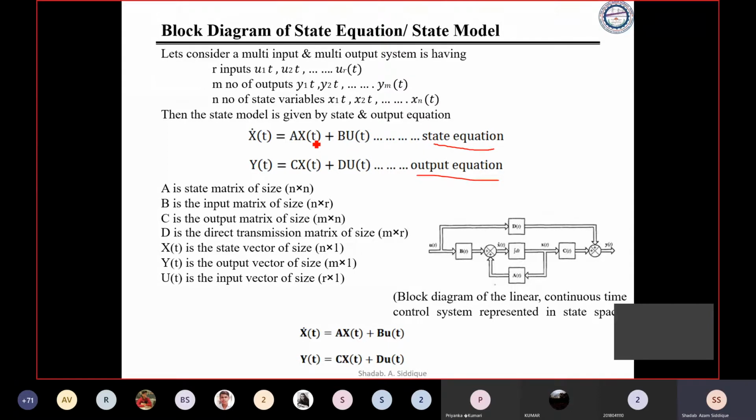C is the output matrix, and D is the direct transmission matrix, because if we take C as 0, we can see the output is directly connected to the input, so Y is equal to Du. So D is the direct transmission matrix, from input to output.